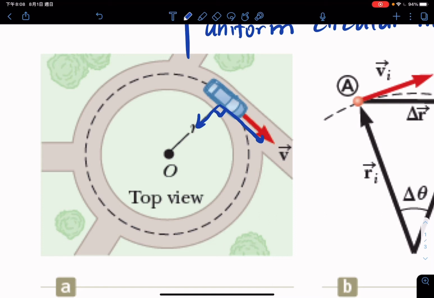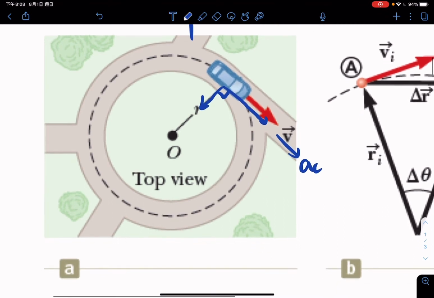If that were not true, there would be a component of acceleration parallel to the path, parallel to the velocity vector. Such an acceleration component would lead to a change in the speed of the particle along the path. This situation, however, is inconsistent with the constant speed of the situation.